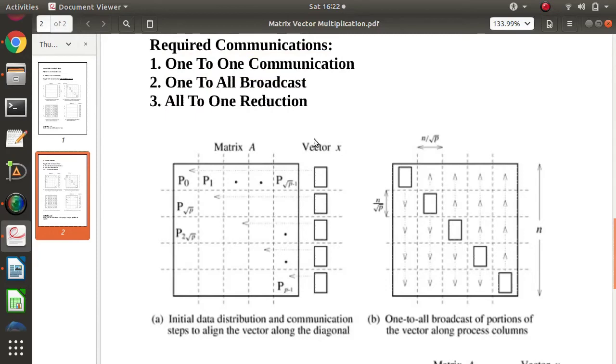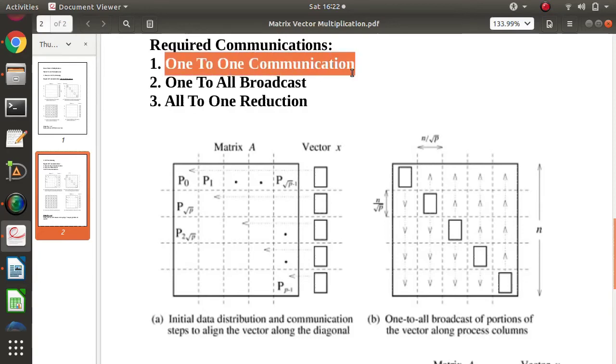So the processes holding this value will communicate with this process. This value will get shared with this process, and likewise for the others. You can see diagonally these processes are shared. So here is one-to-one communication.